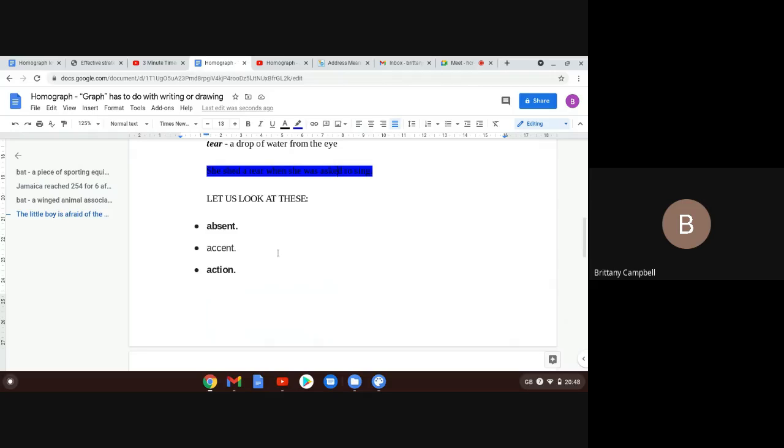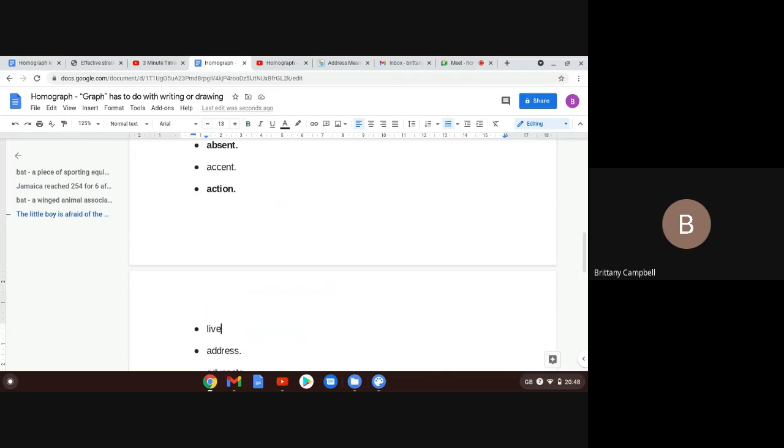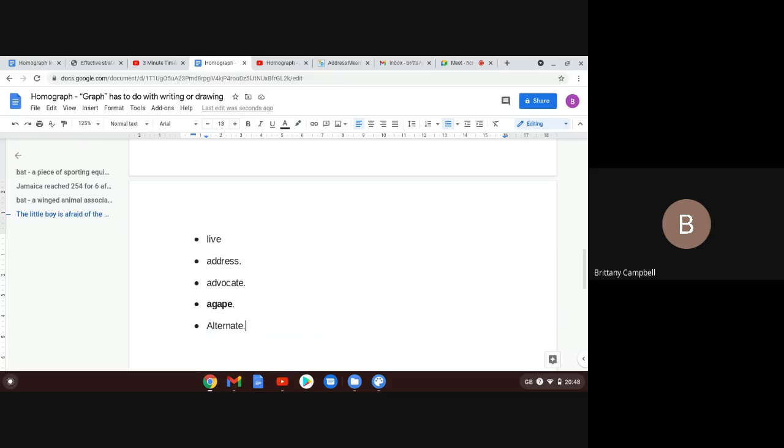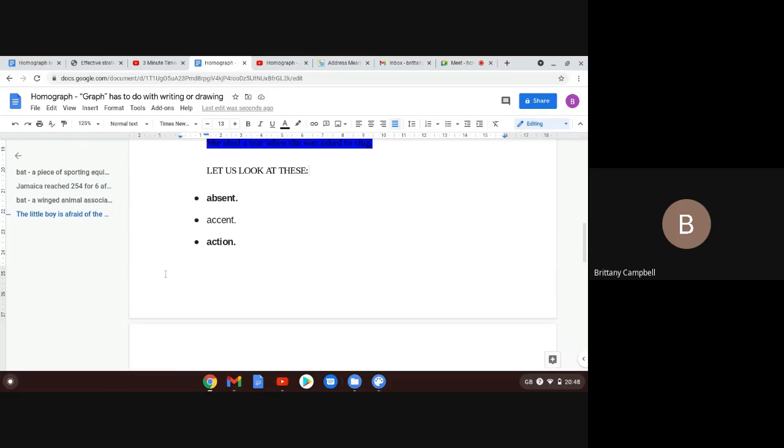Now, some other words here. Let us look at some other words: absent, accent, action, live, address, advocate, agape, and alternate. Now, based on these words, let's say absent.